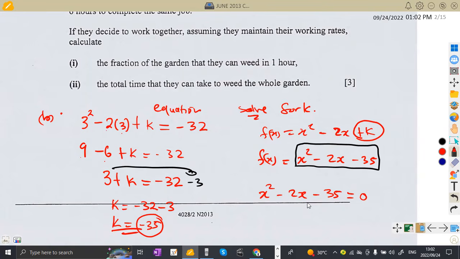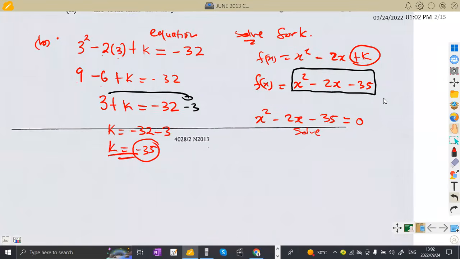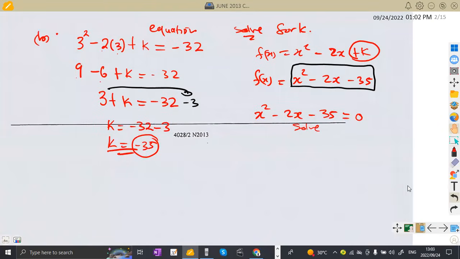So what are we given? It's now an equation, so you can solve for x. To solve for x, it's up to you. I don't know which method you are going to apply, factorization, quadratic formula, depending on what you actually understand. But using factorization, guys, I told you that whenever you have the coefficient of x squared as 1 like this, you simply need two brackets that you're going to work with, equal to 0, put x here and x.